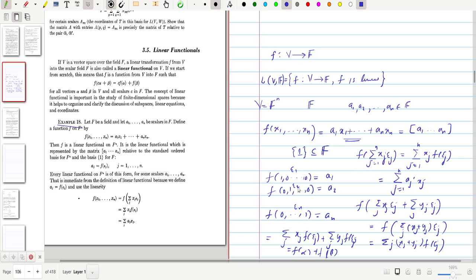These are the fixed quantities. So the image of any (x1, x2, ..., xn) can be written in terms of the images of epsilon 1, epsilon 2, ..., epsilon n. That's why this can be written as the matrix (a1, a2, ..., an). As long as x1, x2, ..., xn is fixed; otherwise this will vary. So this is an example of a linear functional.